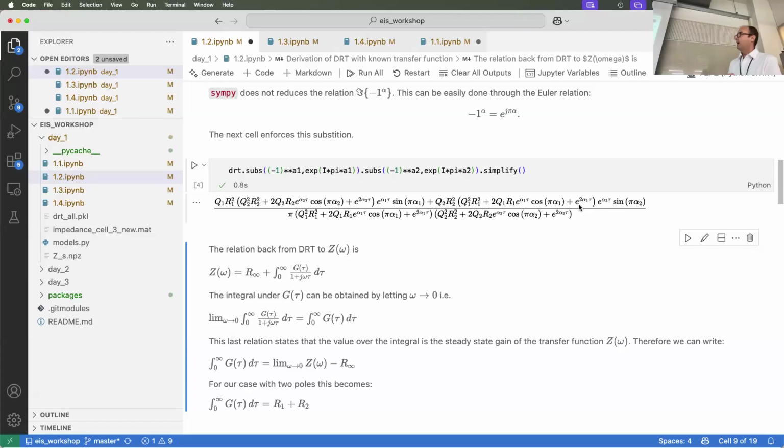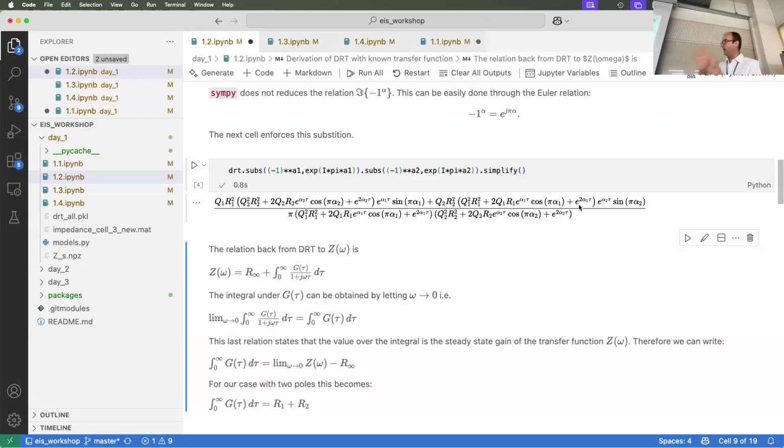And you will see a lot of papers that do DRT analysis where they say the DRT curve for, I don't know, RQ elements or for some strange impedance curve was derived by this and this author, and they cite it.